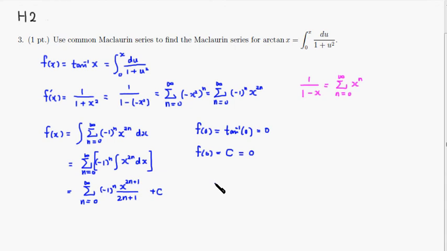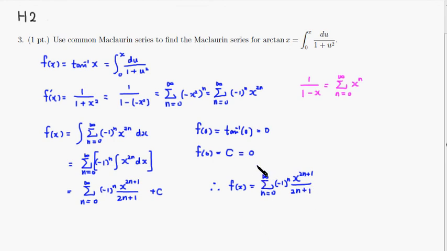So f of x that we're looking for, which is the arctangent of x, is a summation from n equals 0 to infinity of negative 1 to the n times x to the 2n plus 1 over 2n plus 1.